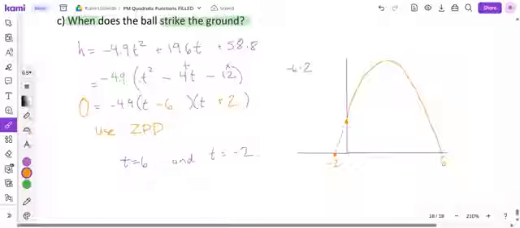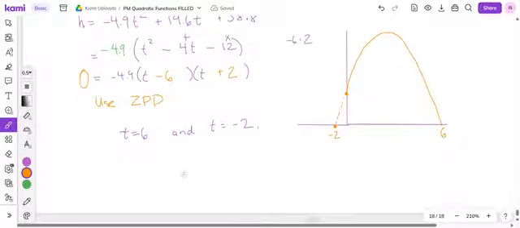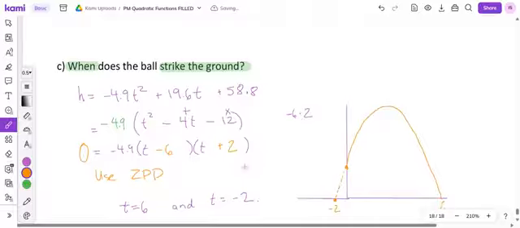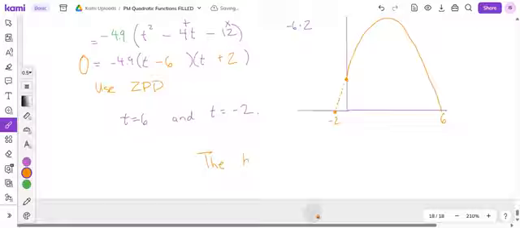That's just for us to understand that, yes, there are two roots. Only one of them represents real life for us. So we can say, when does the ball strike the ground? The ball strikes the ground at time equals 6 seconds.